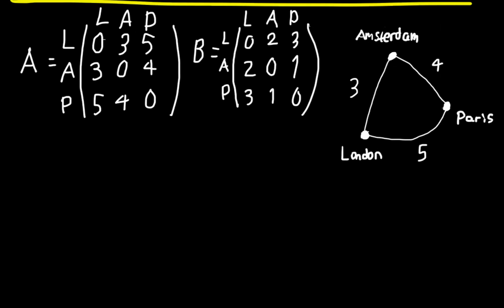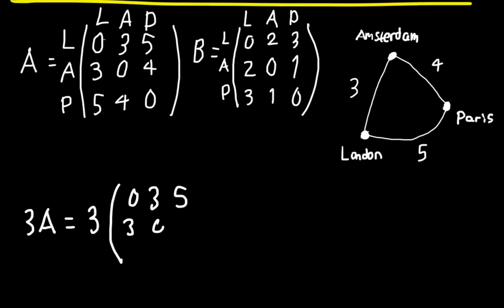So we're going to find the matrix 3A that will represent the total amount of flights offered with the new airplanes installed. So this is the exact same thing as 3 times 0, 3, 5, 3, 0, 4, 5, 4, 0.